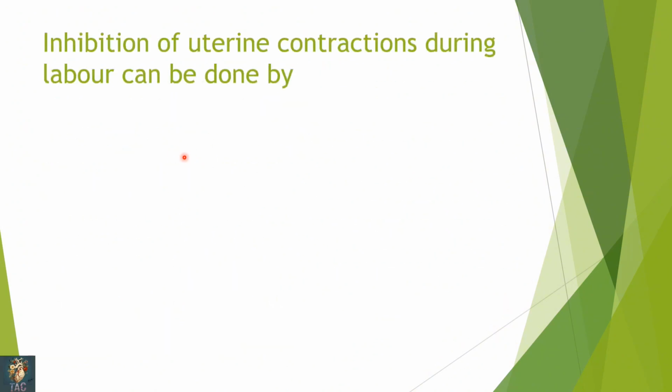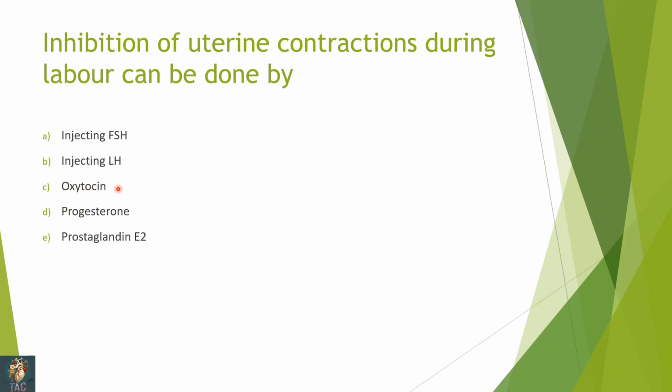Next MCQ is, inhibition of the uterine contractions during labor can be done by injecting FSH, injecting LH, oxytocin, progesterone, or prostaglandin. So remember, we are going to inhibit the uterine contraction.